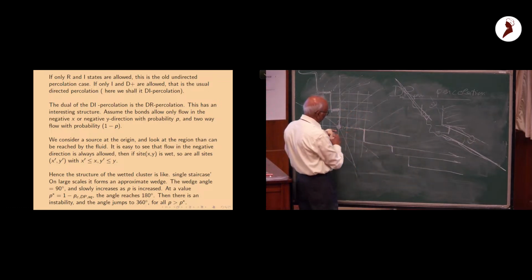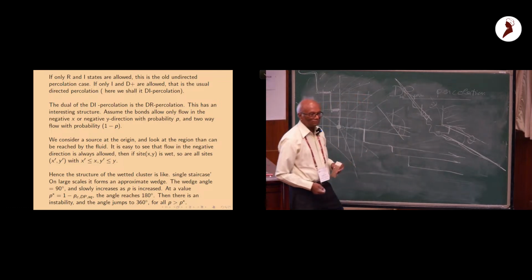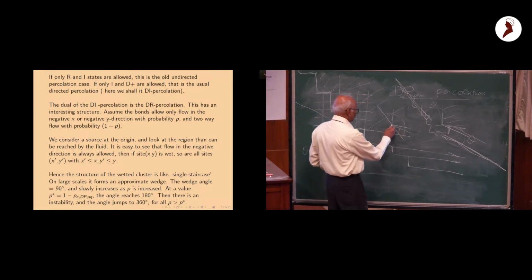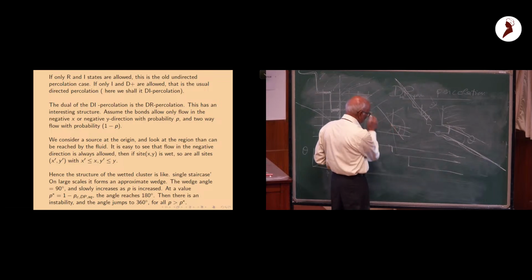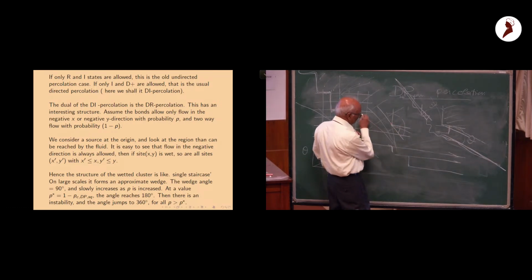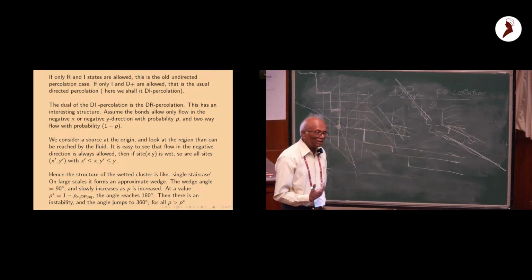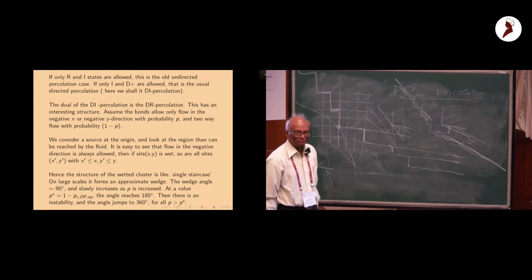Initially, in the continuum there is some source like this, it wets in an angle. But once the angle becomes pi by 4, then the wetted cluster becomes like this. But if the thing becomes like this, then these sites will always be able to wet from parallel like this, and then the whole thing will become wet. So in this problem, theta has a jump at pc.